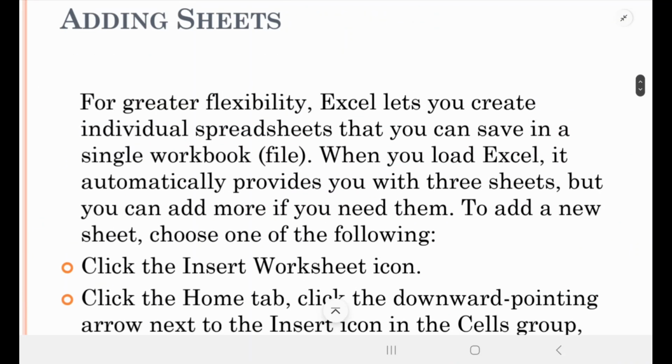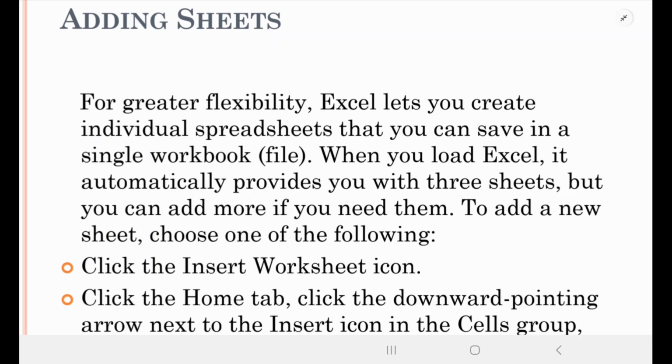Here we will learn how to add a particular sheet, not a row, not a column. We want to add an entire sheet in our workbook. This is a very simple option. We can use any one of these.